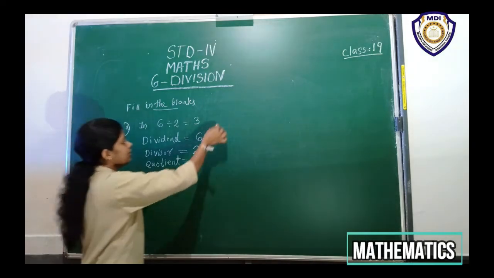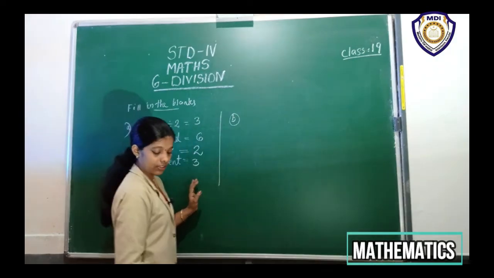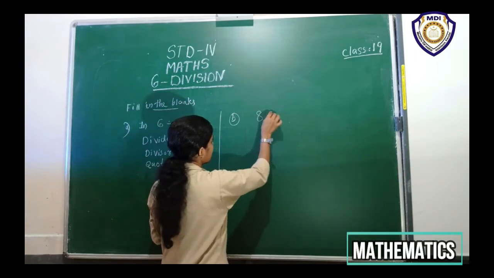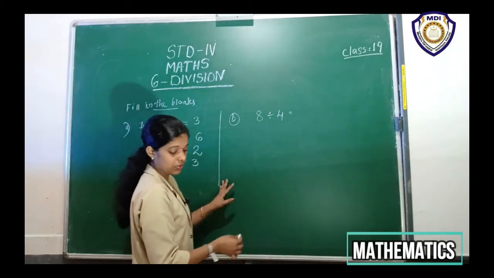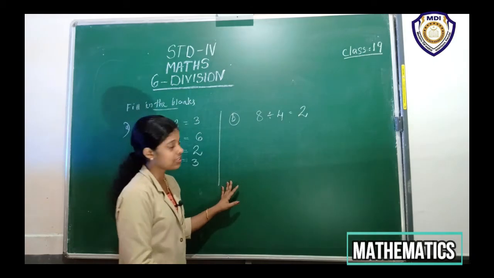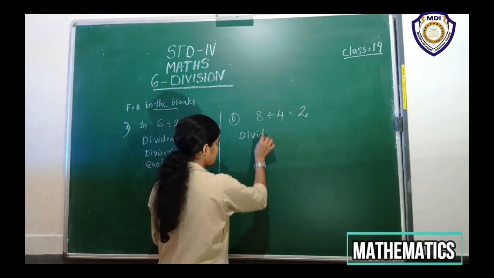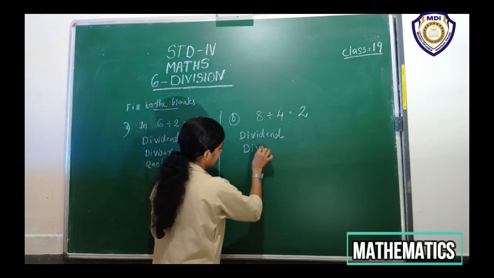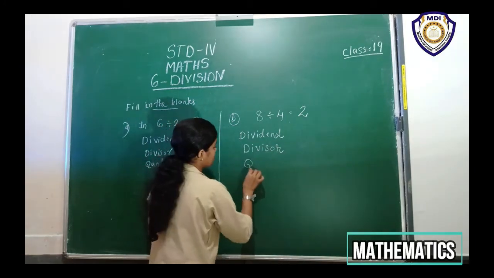Okay. Then second one B. In 8 divided by 4 equal to 2, answer is 2. We find out the dividend, divisor and quotient.